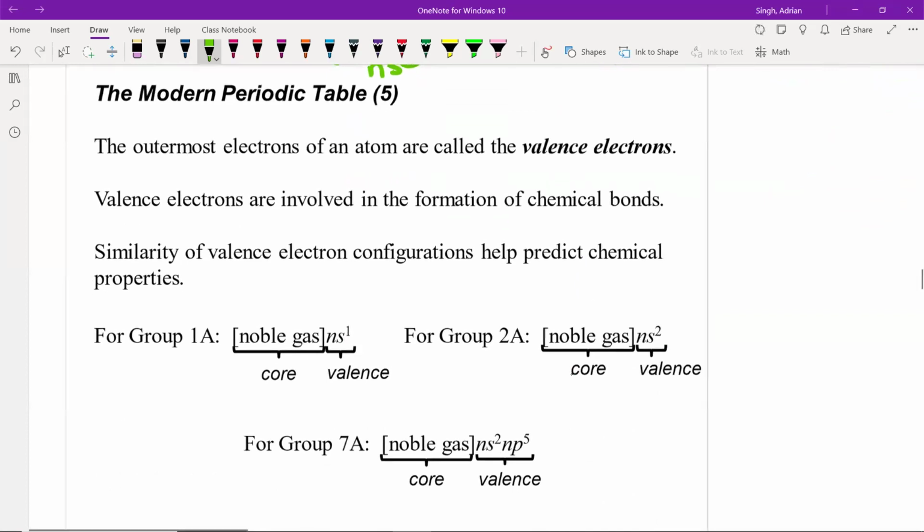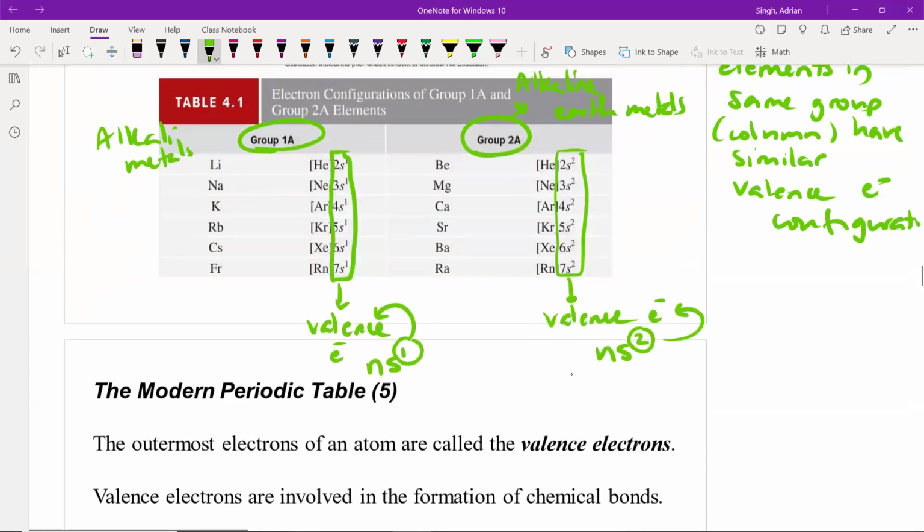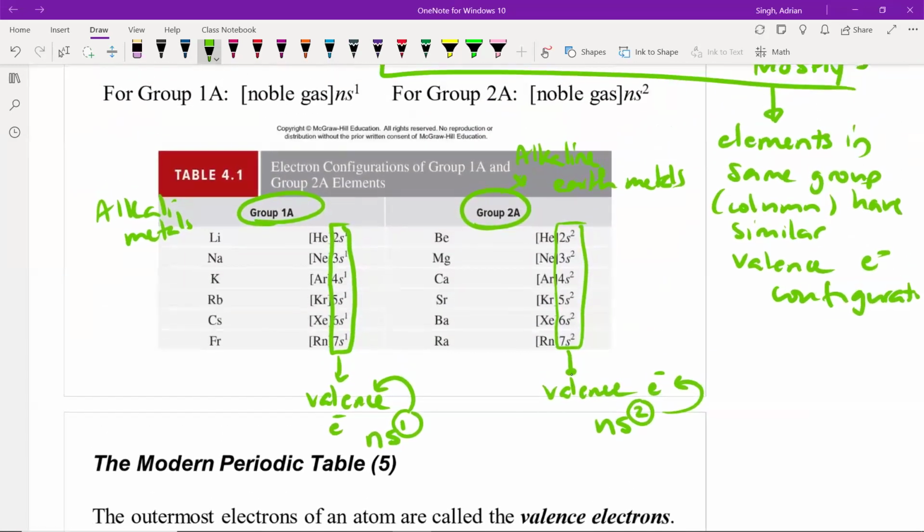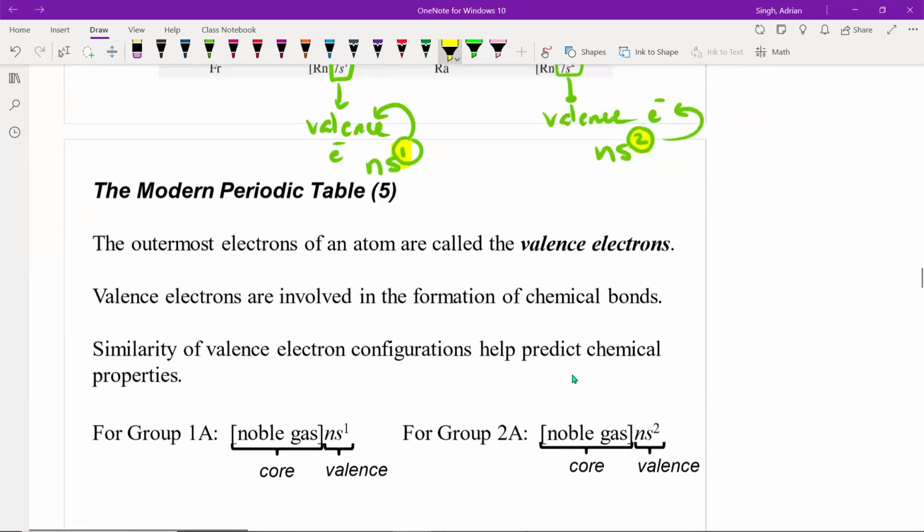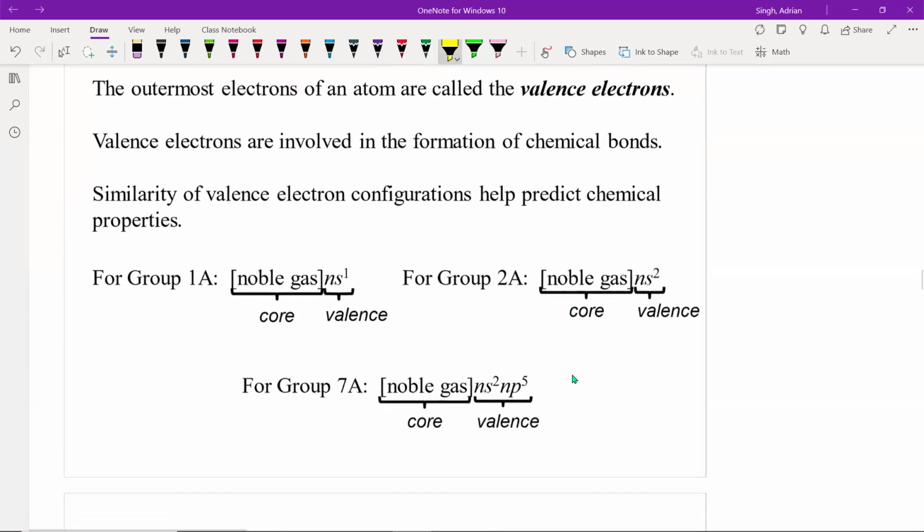You can maybe see there's a trend here with those first two groups. Group 1A all have one valence electron. Group 2A have two valence electrons. You can maybe guess group 3A has three. Group 4A has four. If you look at group 7A, it has a total of ns2 np5, 5 plus 2, 7 valence electrons.